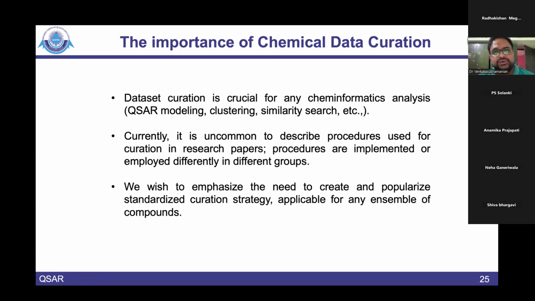Data set curation is crucial for any cheminformatics analysis. That means that once we have cleaned the data set, we need to see what the compounds are, the type of compounds, and how they are used.